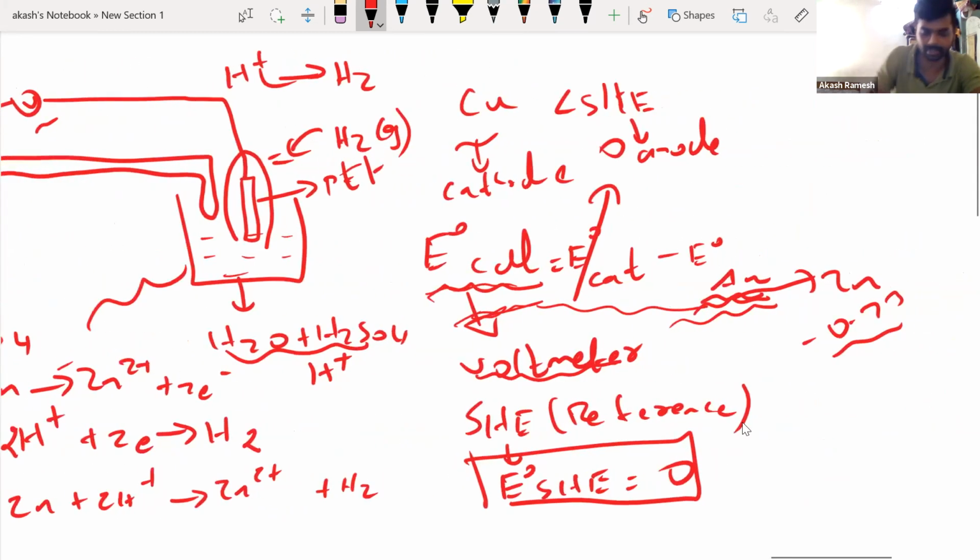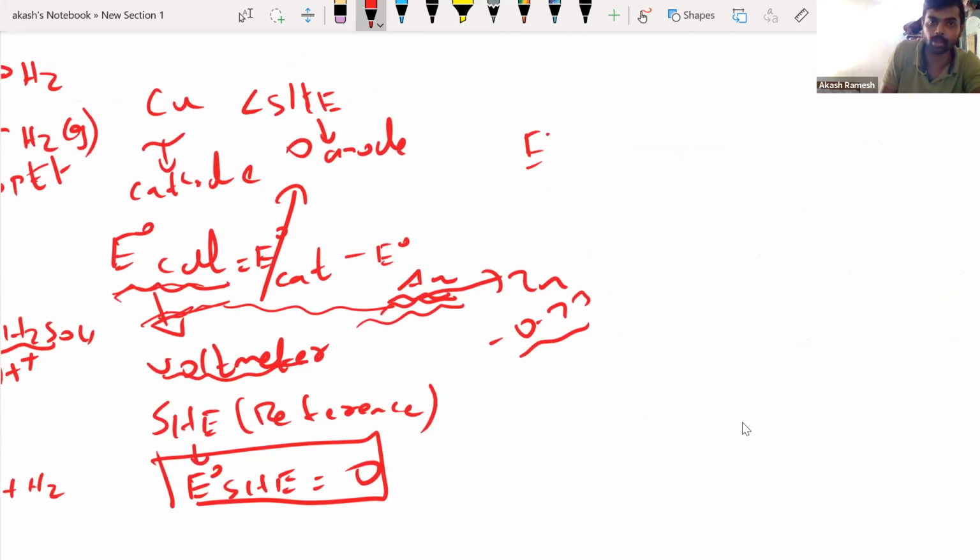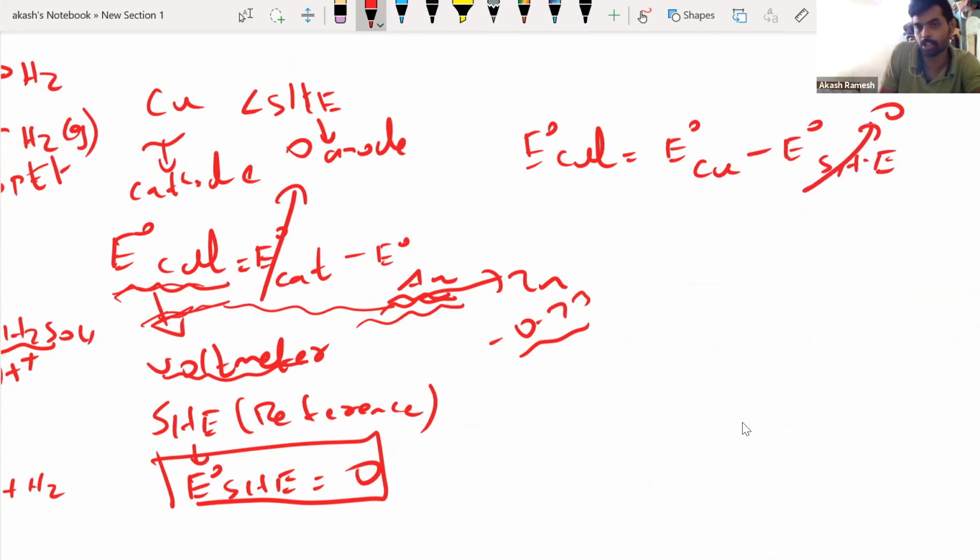You write E naught cell equals E naught of cathode, cathode will be copper, minus E naught of SHE. Now this SHE value will again be 0, because we know. So this will be a positive value, obviously, because it is shown by the voltmeter. Whatever value is shown by the voltmeter will be the value for copper, because now copper is undergoing reduction. So reduction will have a positive reduction potential, as simple as that.